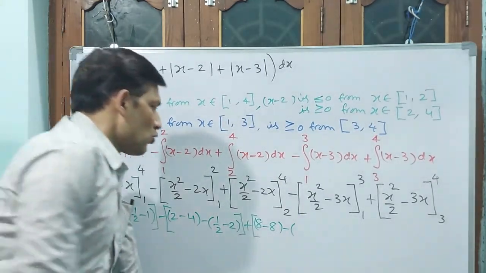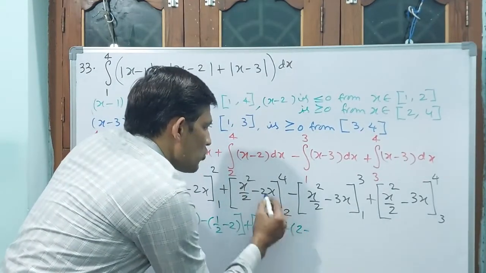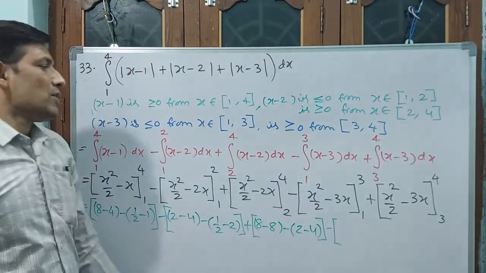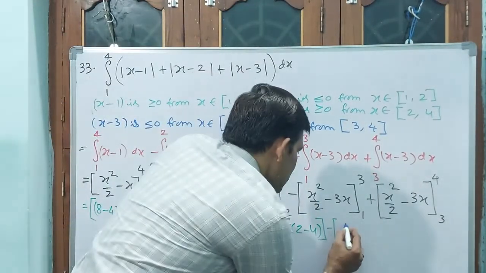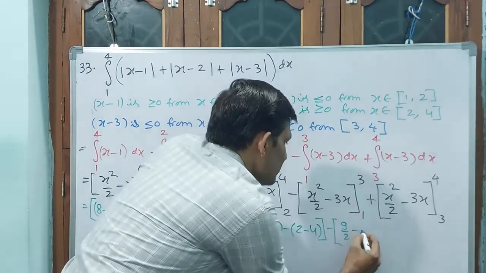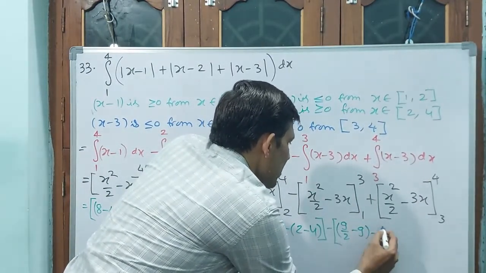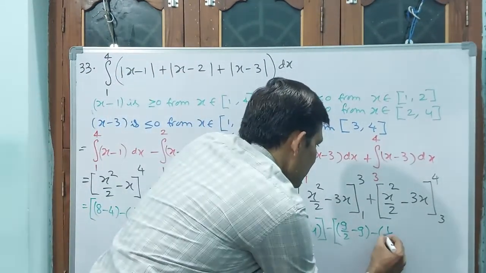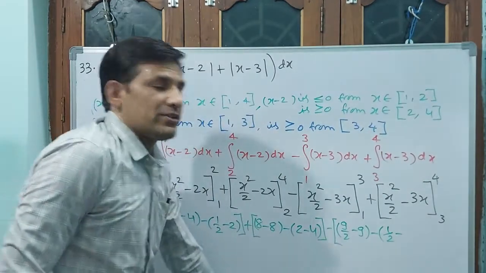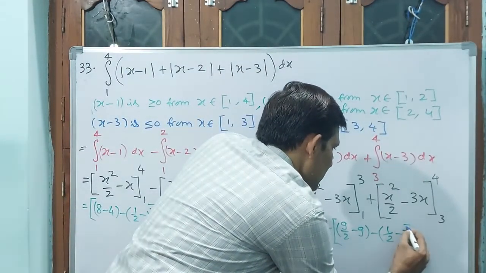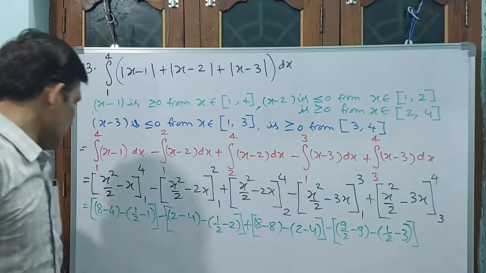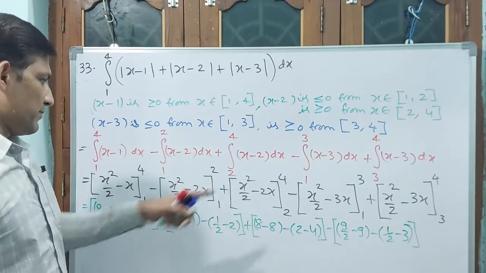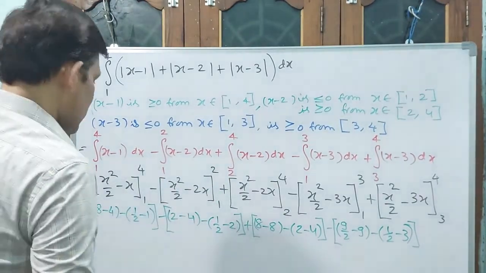Lower limit, you see, 2 square 4 by 2 is 2, minus 2 into 2 is 4, minus this one, 3 square 9 by 2 minus 3 into 3 is 9, minus lower limit, 1 square by 2, 1 by 2, minus 1 into 3 is 3. We could write only 4 terms; the fifth one also we have to write. I am writing here, plus you keep.